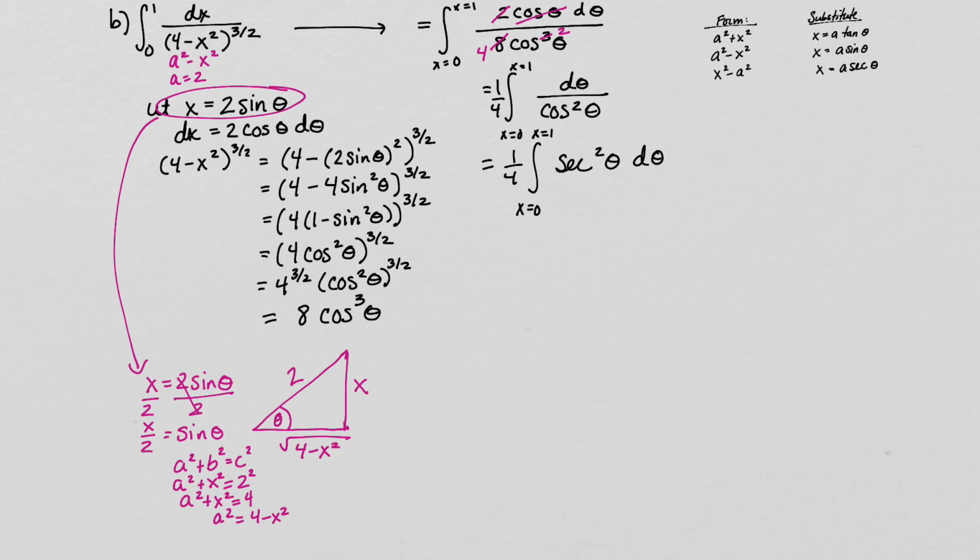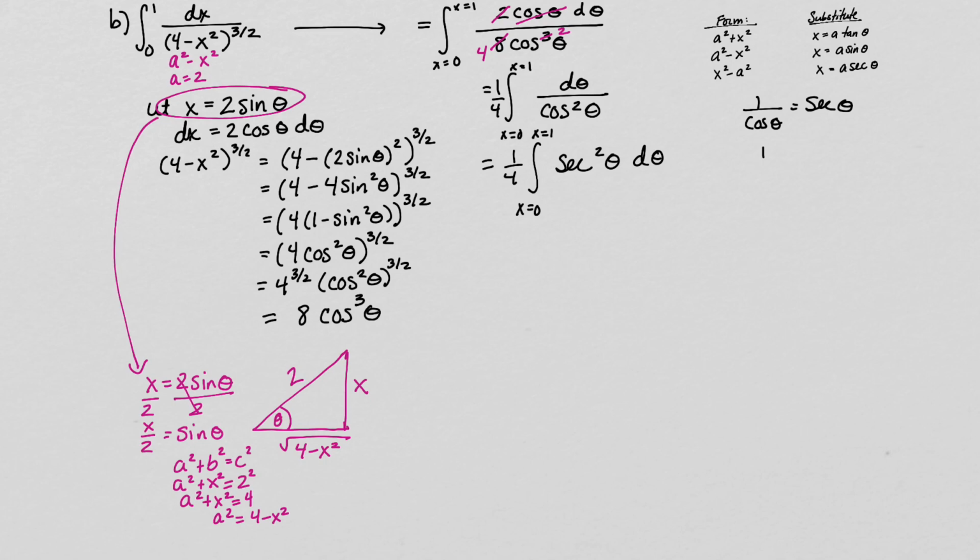Questions? And then we know that from the handout sheet, right? I don't know if I put that on the handout sheet. That's one of those basic trig identities, that 1 over the cosine of θ is the secant of θ.